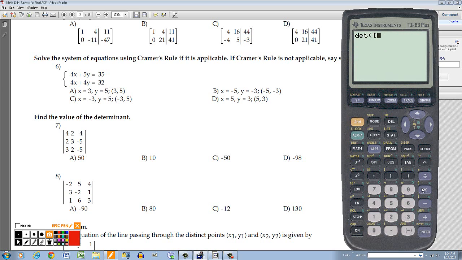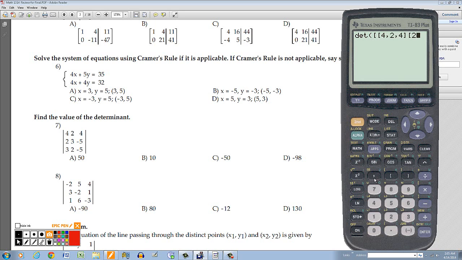So I put brackets, and then brackets, and then I enter the components of the first row, which are 4, comma, 2, comma, 4, and then I close with a bracket, and then I start the next row with another bracket, and then enter the components of the second row.